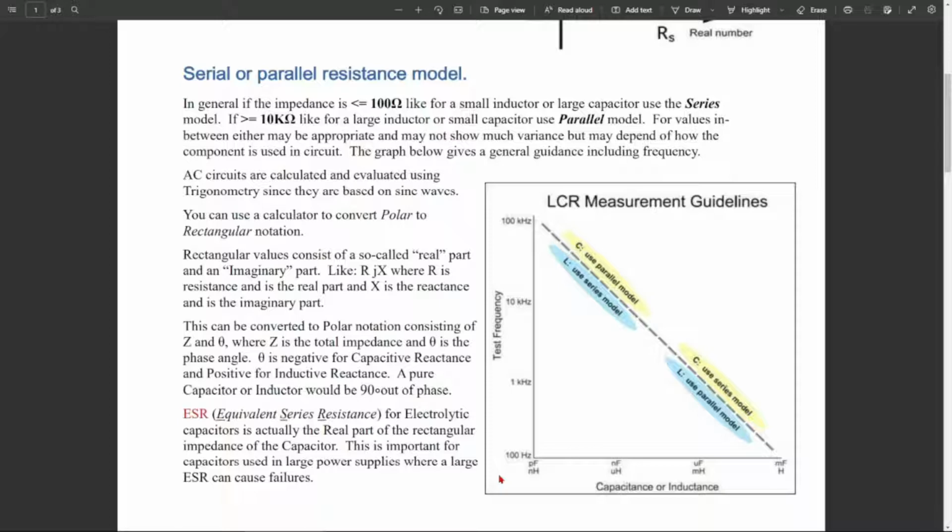That's easy enough to determine. But if you've got smaller components, like very tiny capacitors, you can test those at high frequencies, and you may then switch them to parallel mode, because they will have a high reactance or impedance value. So this little graph here gives you a little bit of a feeling for that.